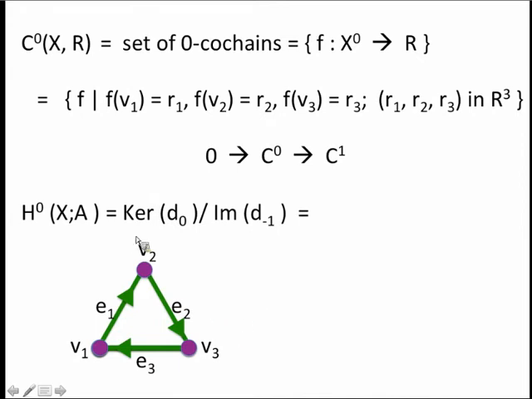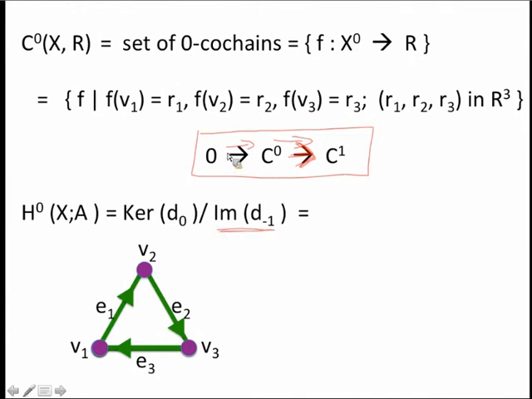We can now do our kernel mod the image. We'll do our case for H0 first. So for H0, we're taking a look at this thing right here. We want to know the kernel of this map, what gets sent to 0 here. And then we know that the image will also get sent to 0, so we want to mod out by this image.